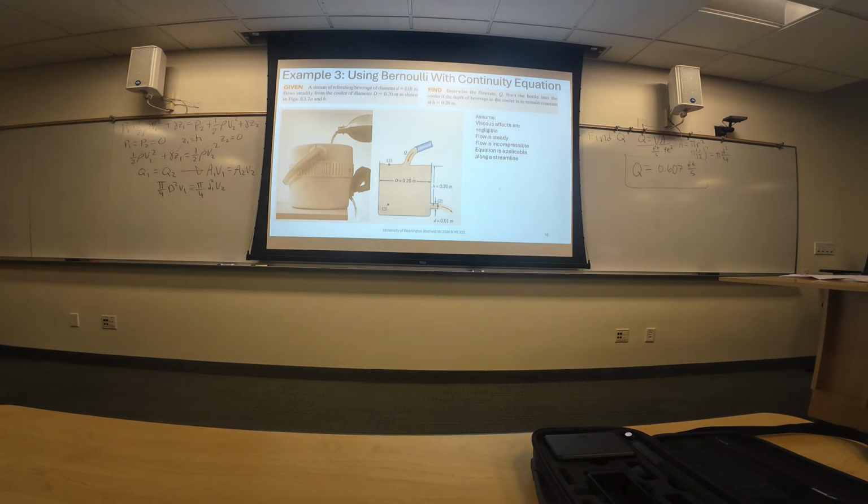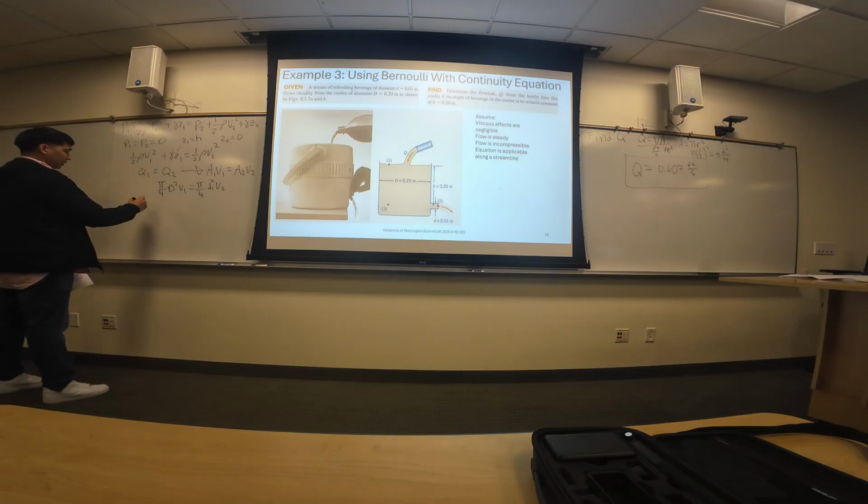So the only problem now is V1 and V2. It looks like we cannot find our velocity from the givens, at least, it's not there. So you can either solve for V1 or V2 and plug it in. I'm just going to solve for V1 and plug this into here.